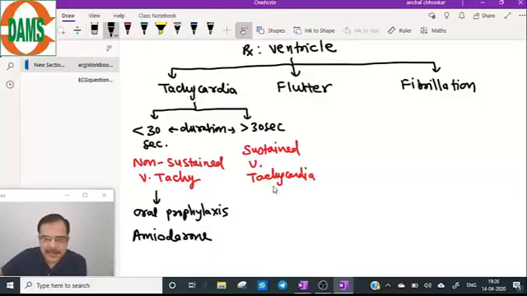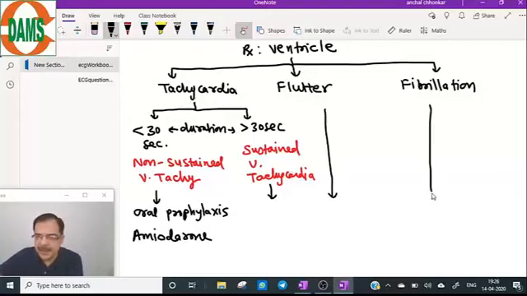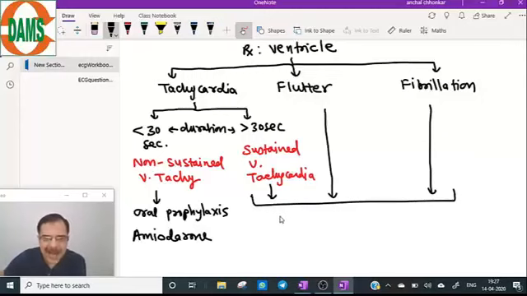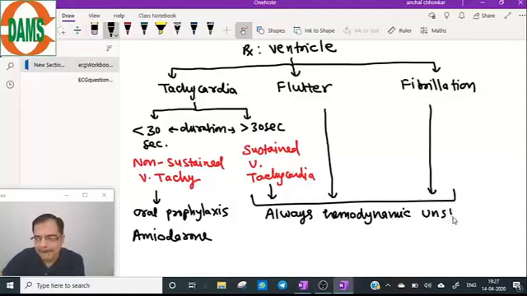This condition, flutter and fibrillation, as a rule, are always hemodynamically unstable. So the next treatment is equal to treatment of choice, equal to immediate step.